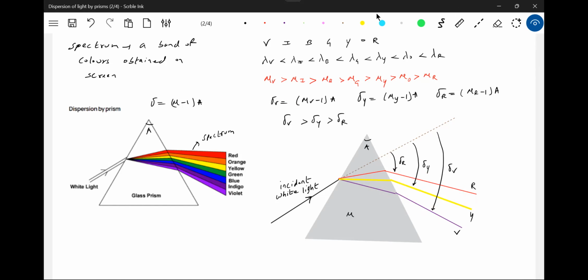Now, how do we study this dispersion? First we'll define a quantity called angular dispersion. It is the difference in deviation. We'll use some symbol.